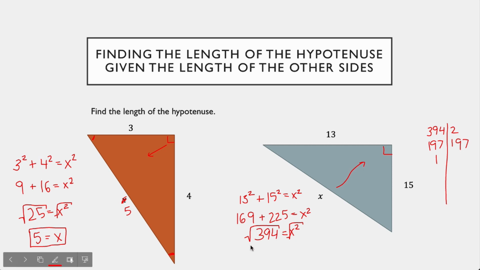Whatever the root is, that's how many we need to look for. So we're looking for pairs of a single number, and we can't see any here. So the square root of 394 is our simplest answer. So that's what we get. And sorry about that, got a little sloppy there. But anyways, let's move on.